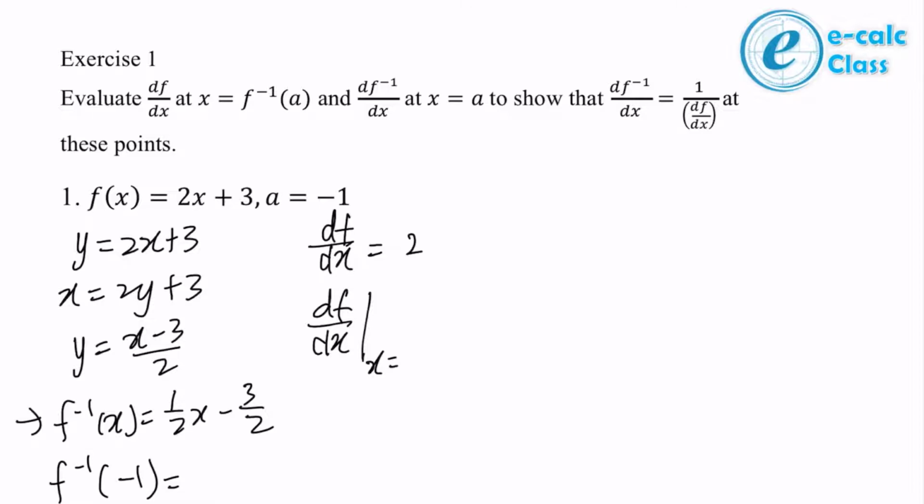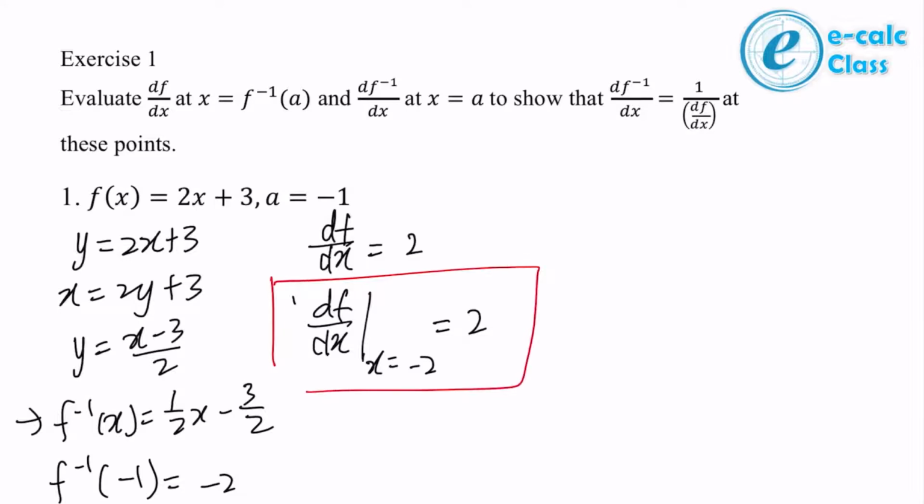Actually it doesn't matter, but just for the sake of writing it, it's -2. Okay, -2 gives 2. Remember this value, and I will expect to get a 1 over 2 later.